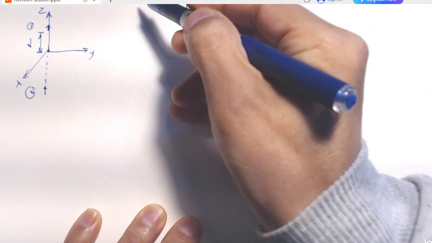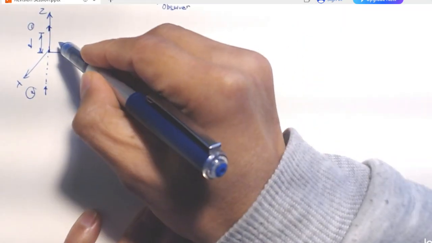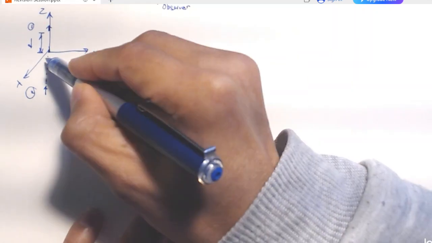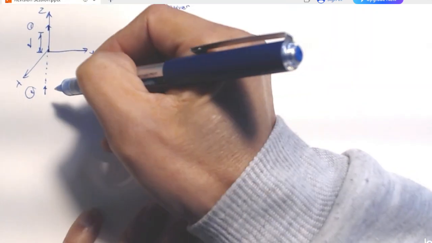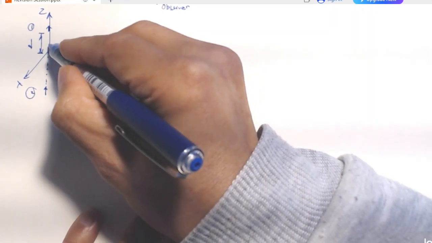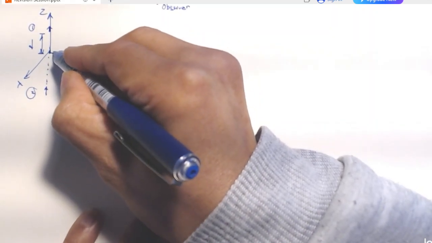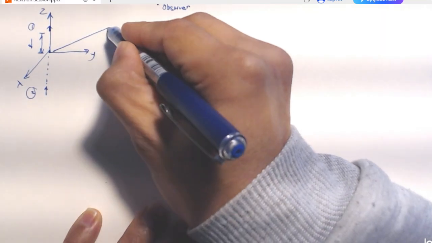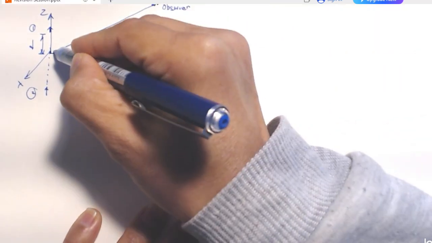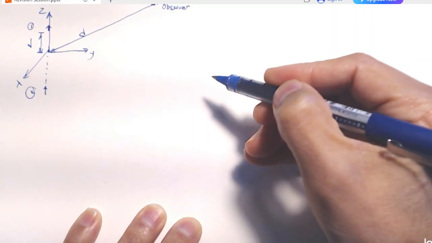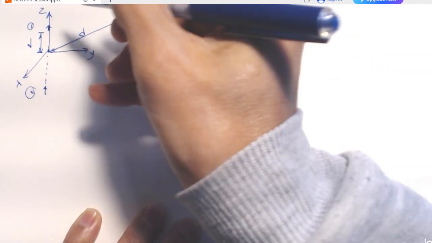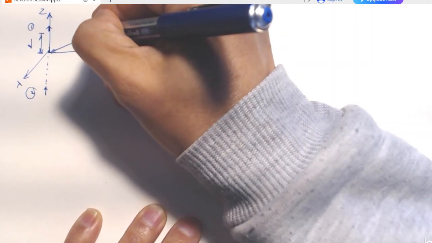The observer is very, very far away from the origin. Suppose the distance between the observer and origin is R.